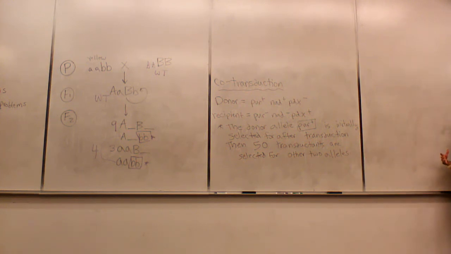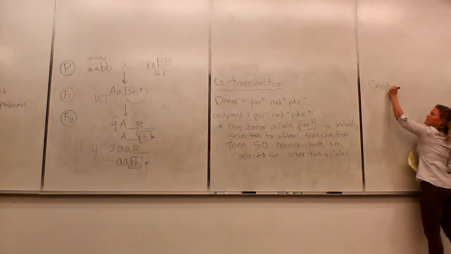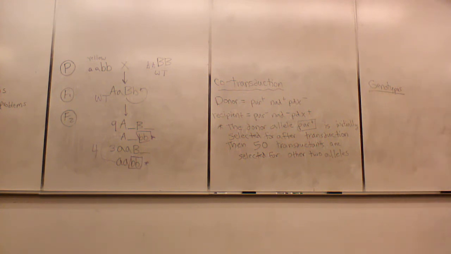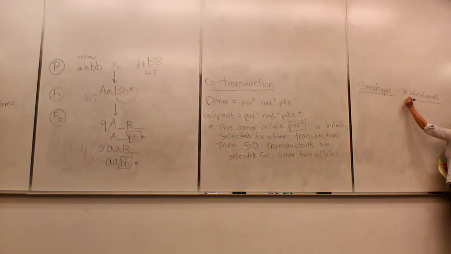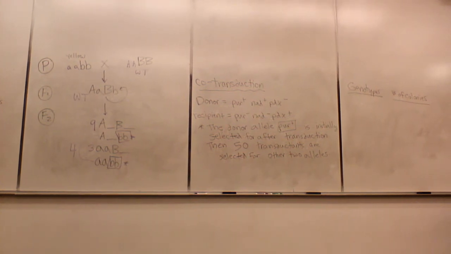So you're given a table of this data. So you have all these 50 transductants. In the left-hand column, you have genotypes, and then on the right, you're given numbers of colonies. Because often, again, in bacterial genetics, we tend to not think of them as individuals, we think of them as colonies. Okay? We count them as colonies as opposed to numbers of cells.